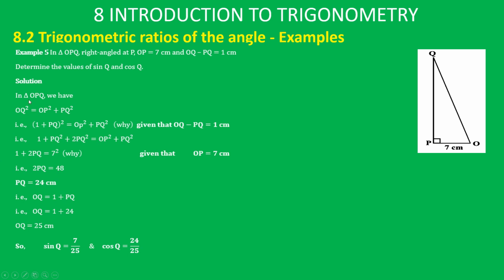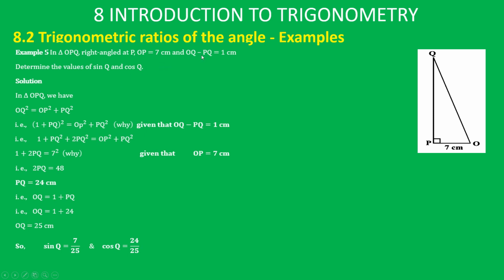Okay, now in triangle OPQ, use the Pythagoras theorem. OQ square is equal to OP square plus PQ square. Now, what is OQ?